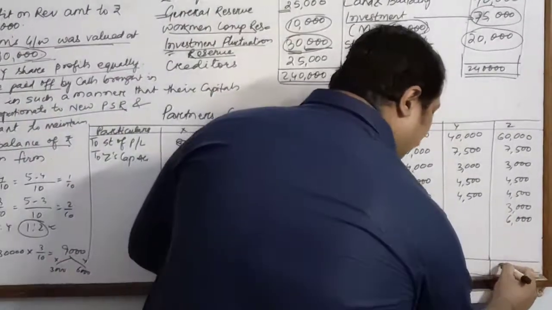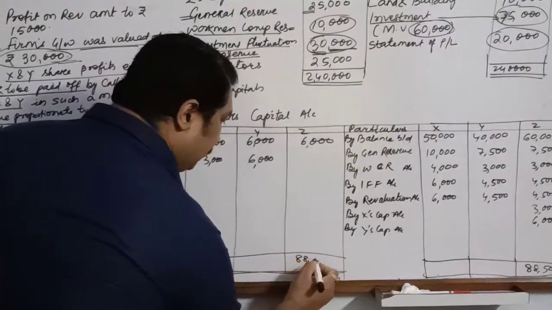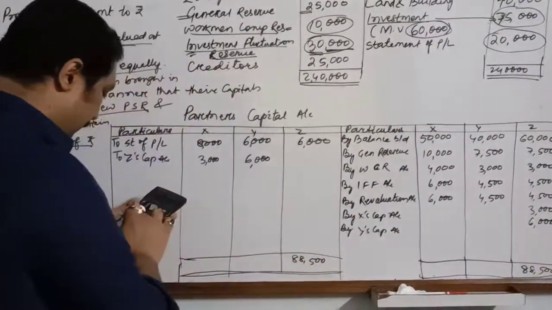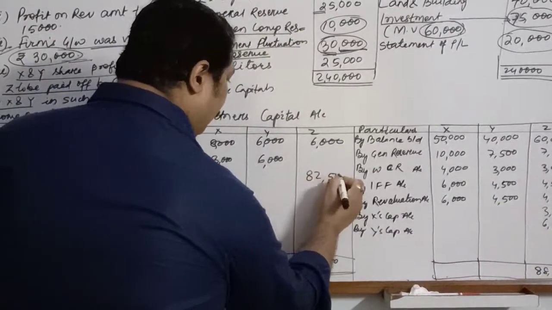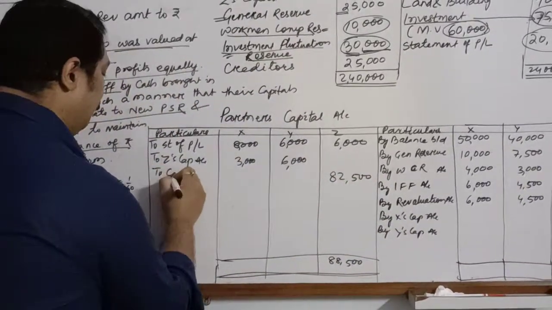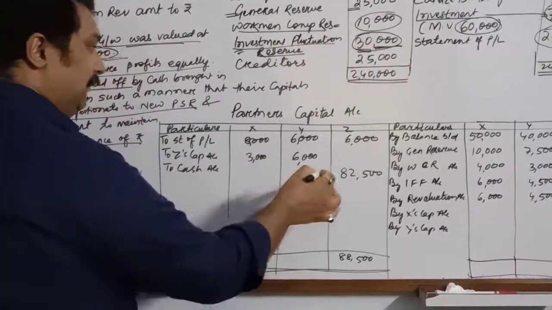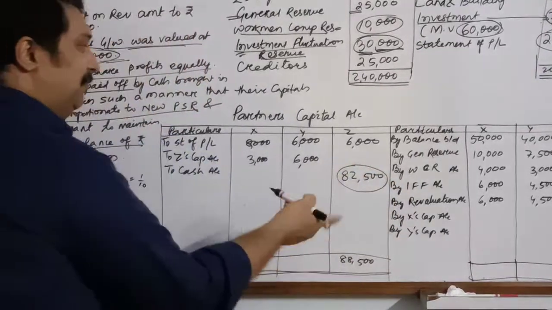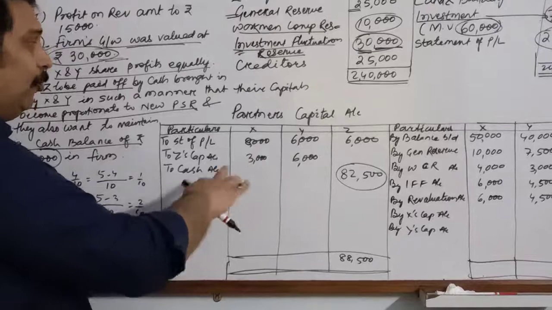It is 88,500. So here we will write 88,500 minus 6,000. It is 82,500. This is the amount to be paid to Z. Now the question says that the amount which is to be paid to Z will be brought in by X and Y. Besides that, they also want to adjust their own capitals.